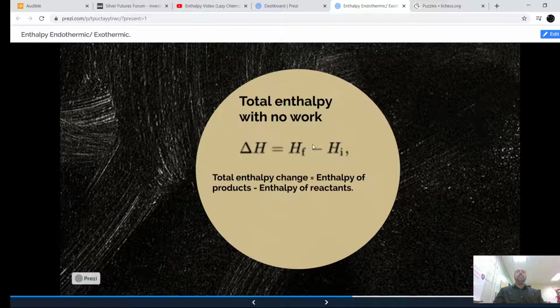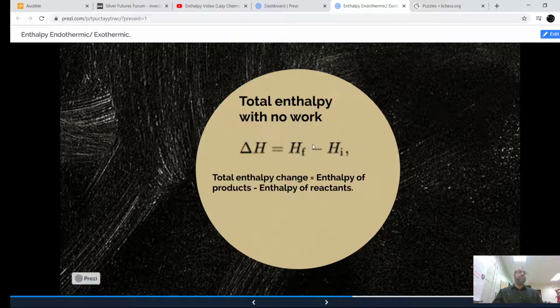Now, in general, when we calculate enthalpy, we're usually going to be concerned about the change in enthalpy. And usually when we are worried about the change in enthalpy, as chemists, we're not going to concern ourselves with too much work.